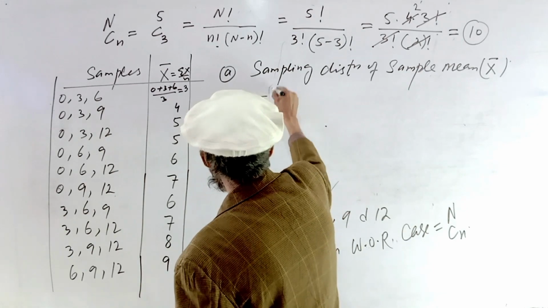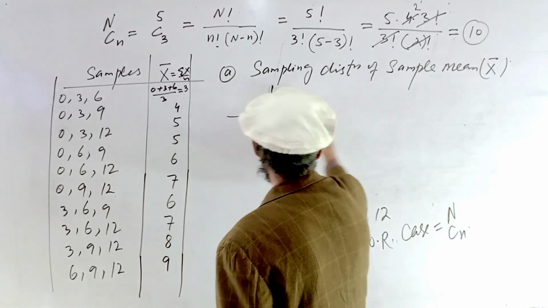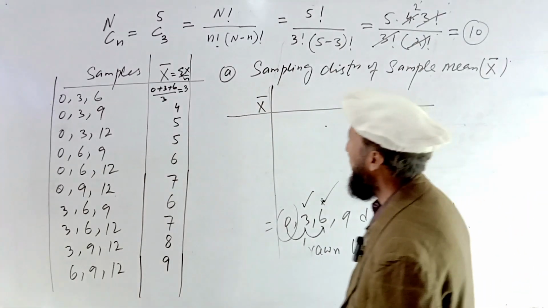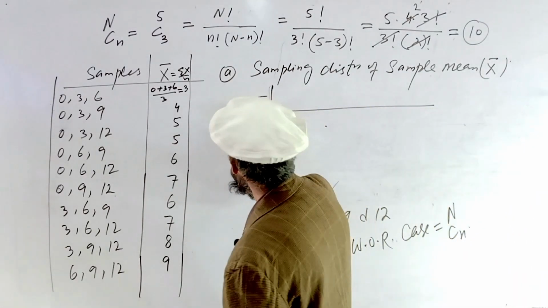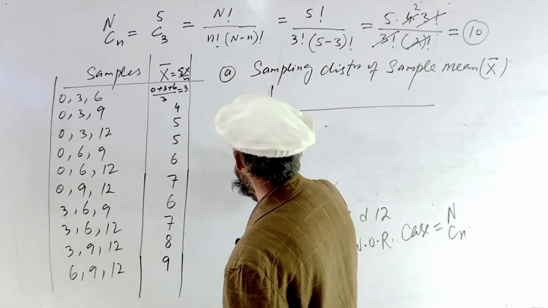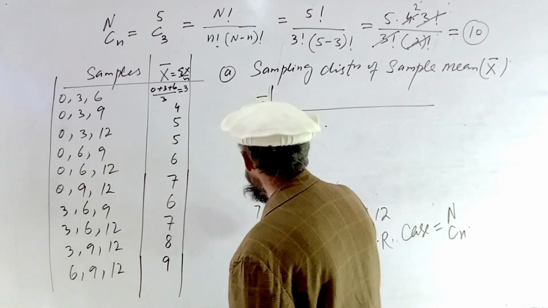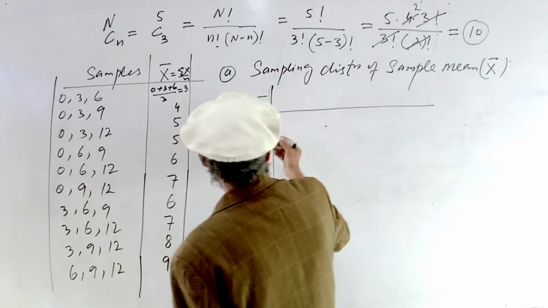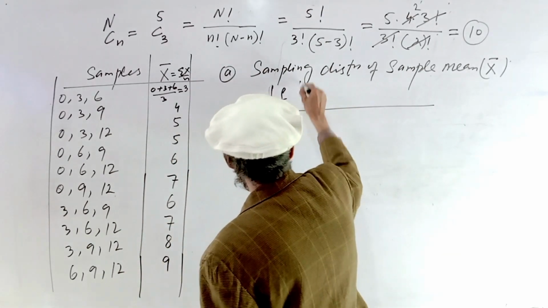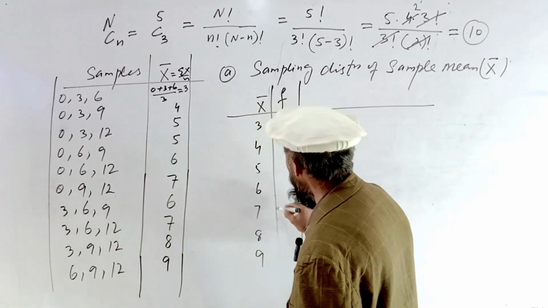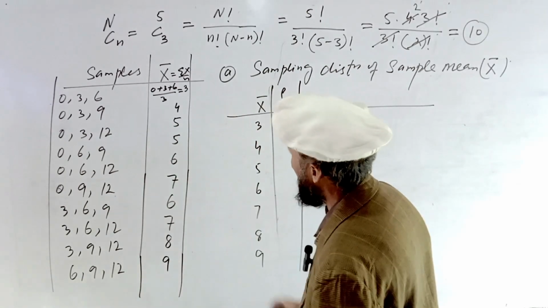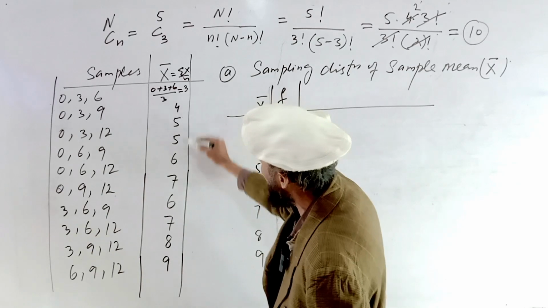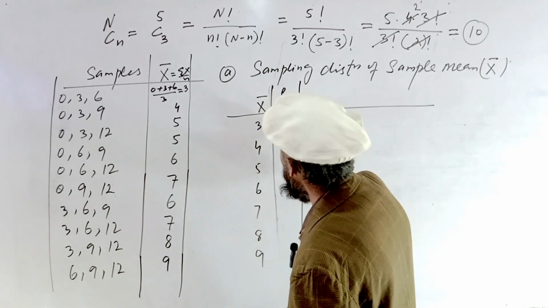We have already found X bar, and now we find the probability, because a sampling distribution means probabilities. The values are 3, 4, 5, 6, 7, 8, 9. Frequency means the number of repeated values. 3 is repeated just one time, so we write 1, and 4 is repeated just one time.